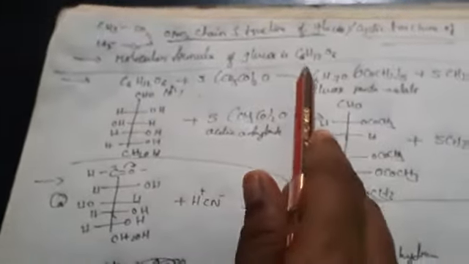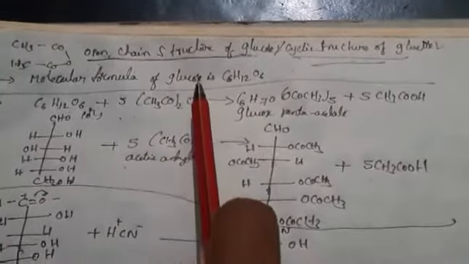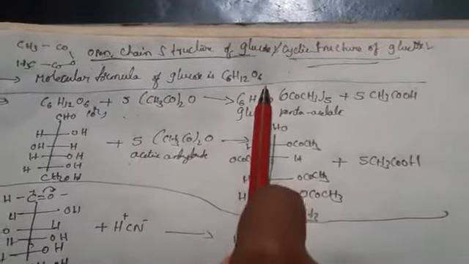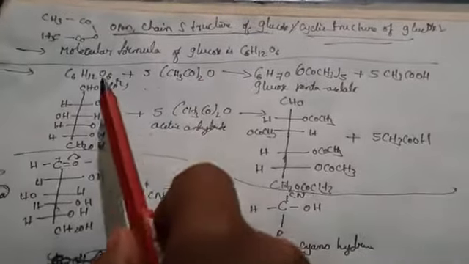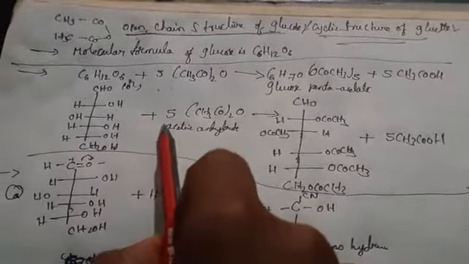Once again, what is the molecular formula of glucose? C6H12O6. And we know that 5 hydroxy groups are present. How do we know?